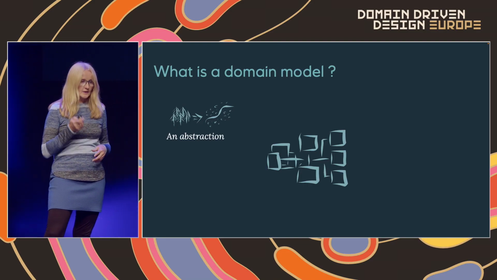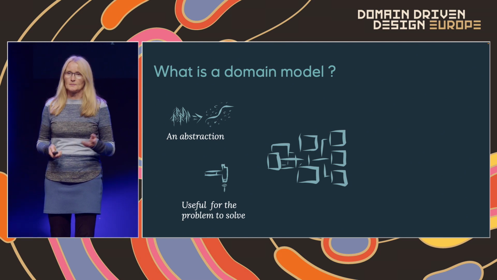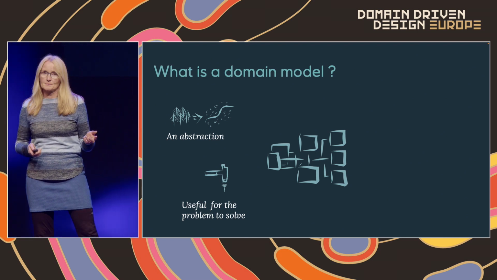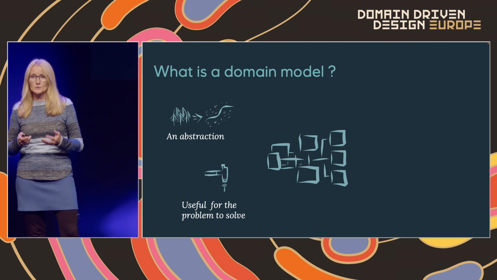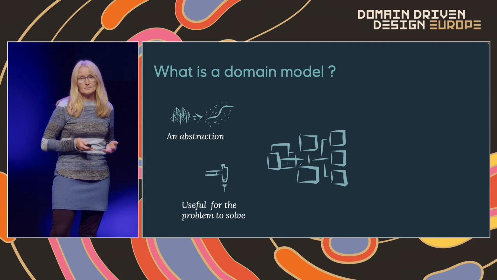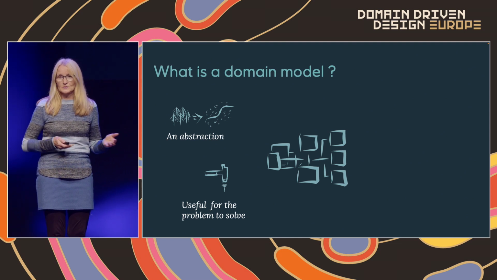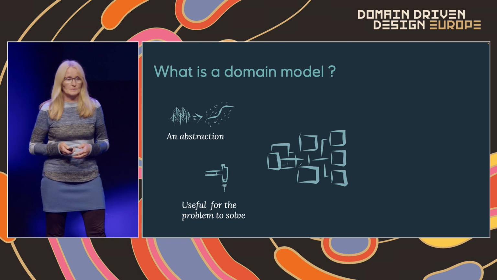And of course, it must be useful for the problem to solve, meaning that when you are shaping your domain model, you already need to know on a high level, what problem do I solve in this situation? The reason why you have many domain models for a domain is because you need to make the one that fits the problem to solve.